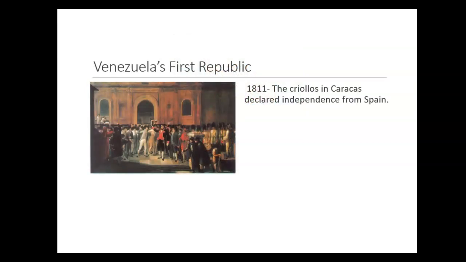Seven of the 10 provinces of the Captaincy General of Venezuela declared their independence in the Venezuelan Declaration of Independence. This movement towards independence will lead to the creation of the First Republic of Venezuela.